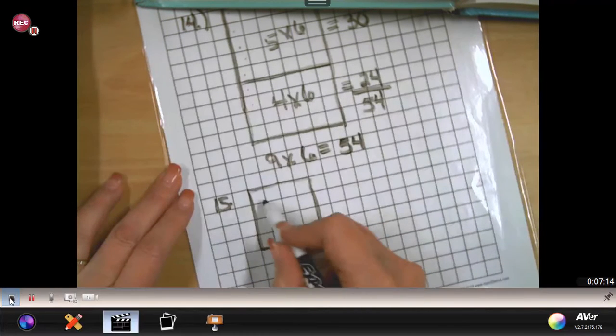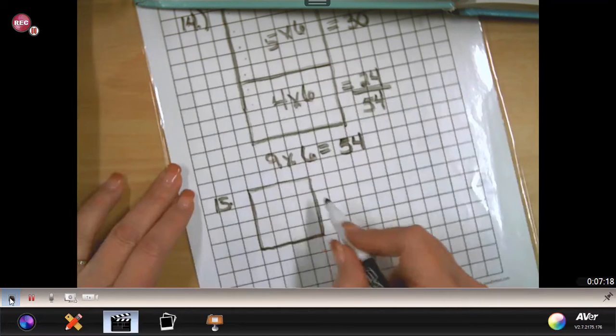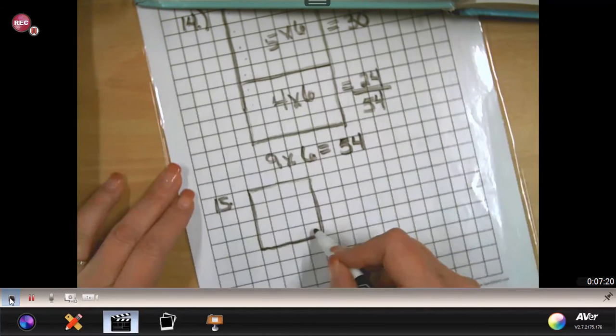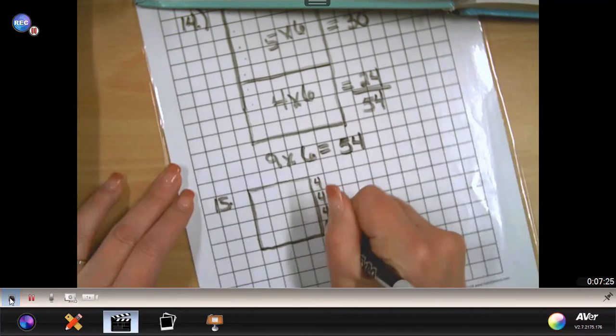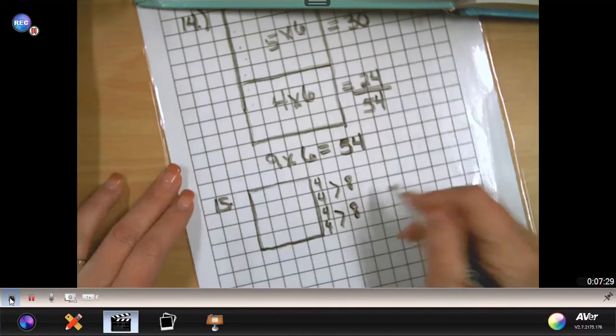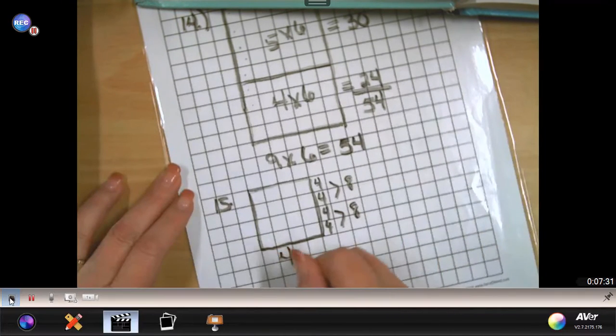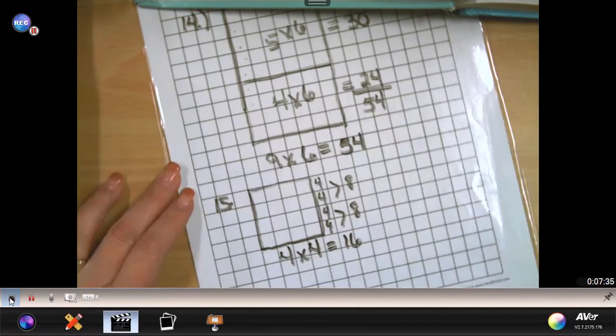So we have 4 plus 4 plus 4 plus 4. So 2 groups of 4 would be 8. Another 2 groups of 4 would be 8, because this is 4 plus 4 plus 4 plus 4. And so 8 and 8 is going to give me 16. So 4 groups of 4 is going to give me 16.